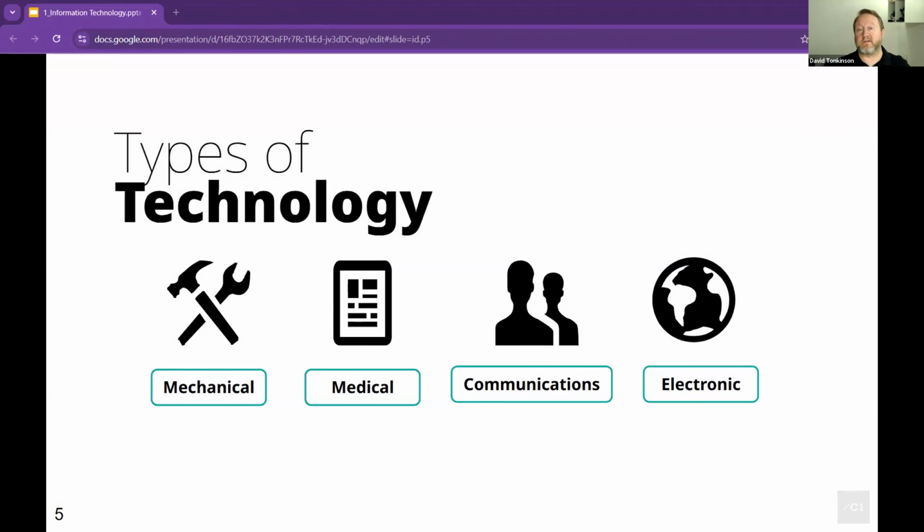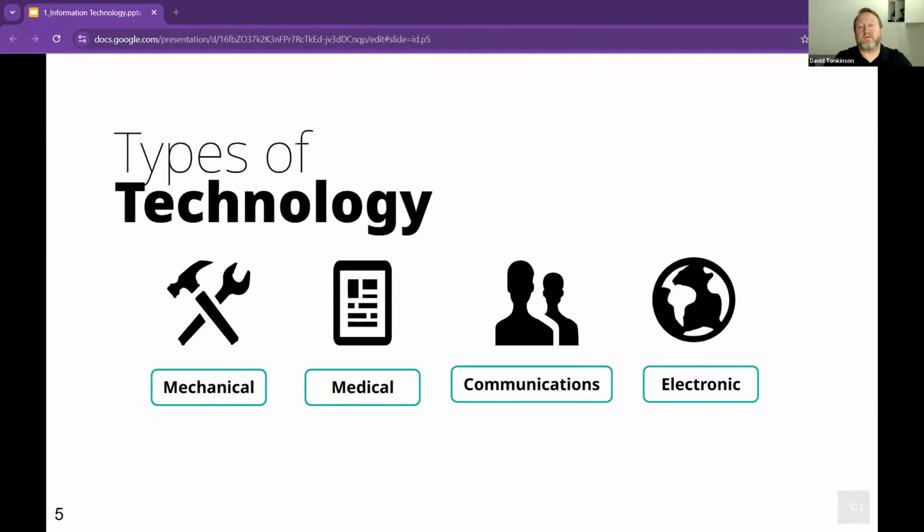So the types of technology: IT is used across the mechanical world, across the medical world, across communications and electronics. Mechanical, thumbs up if anyone's heard of products called CAD and CAM, which stand for computer aided design and computer aided manufacturing. Yeah, Sebastian's in there with that one. Well done.